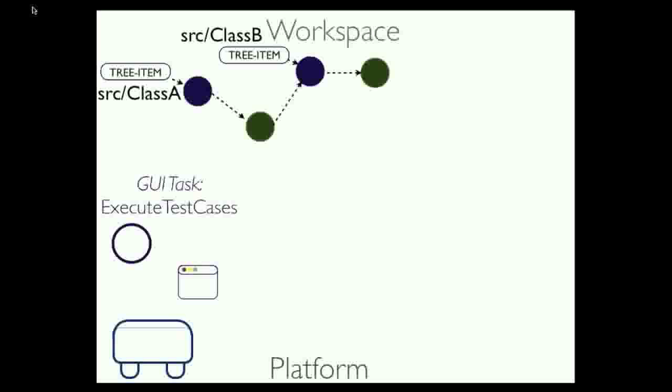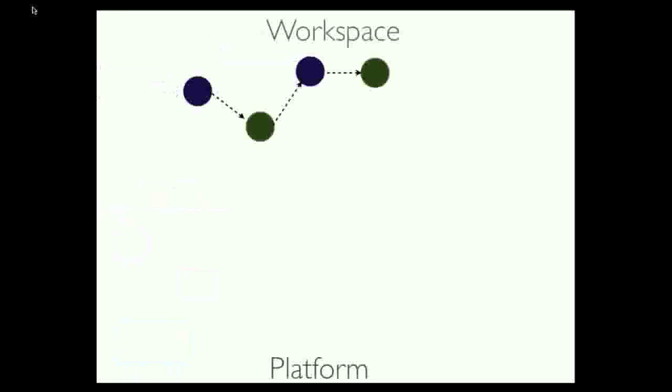We showed that the GUI task and plugin task allow users to combine functionalities that are already present in the plugins installed in Eclipse. Unfortunately, this is not always enough, because the user may need functionalities that are not already implemented.